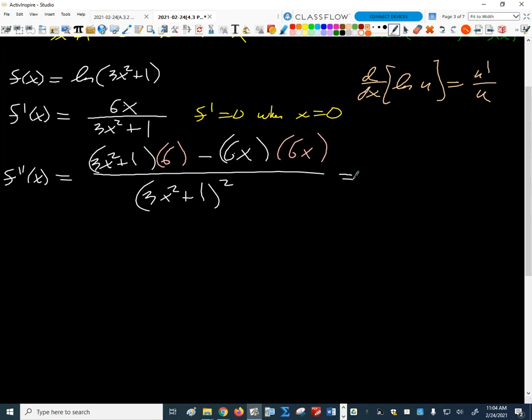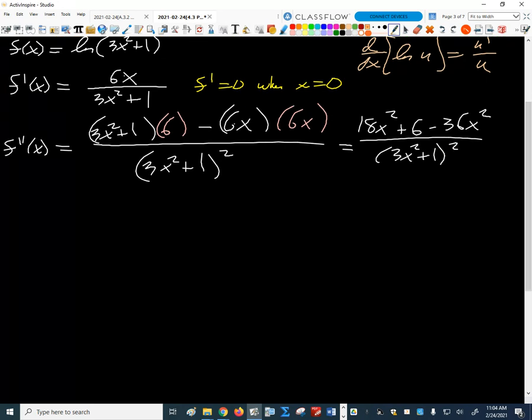So if we distribute the 6 on the top here, we're going to get what? 18x squared plus 6 minus 36x squared all over the quantity 3x squared plus 1 squared.